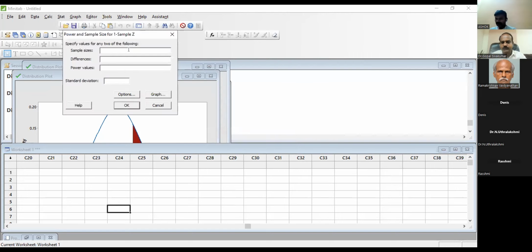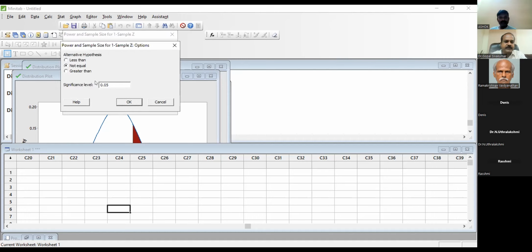That is our question also. We don't know, leave it. Now difference: how much is the difference in the mean? 0.5. What is the power you want? 0.95. What is the known standard deviation of the population? 0.75.